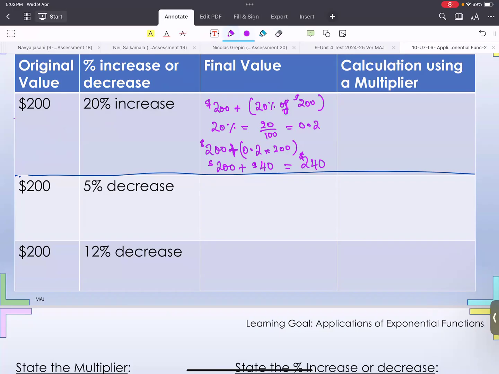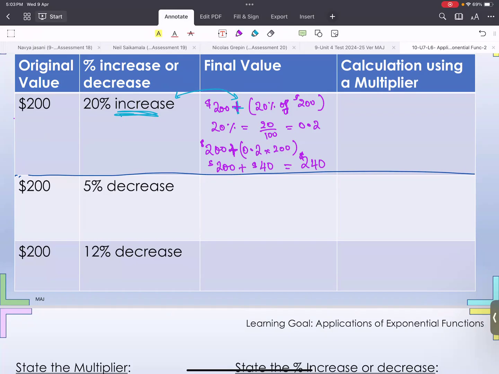Now, the same thing we can also do for a 5% decrease. When it is increasing, we add the value. And when it is decreasing, we subtract the value.